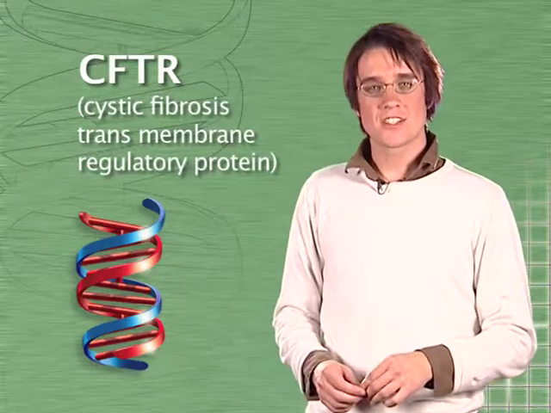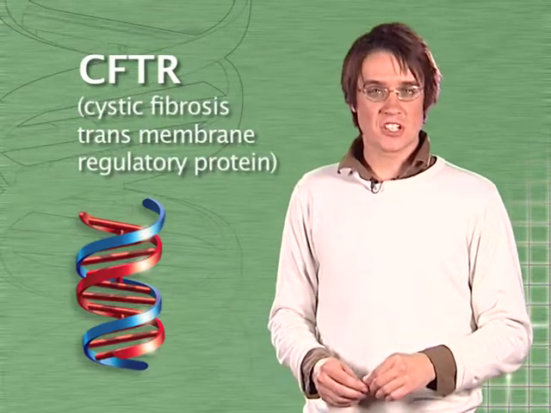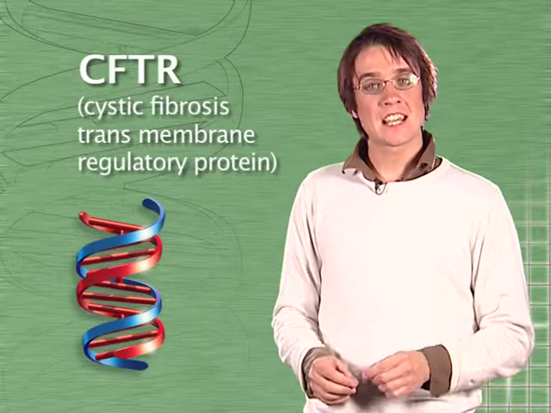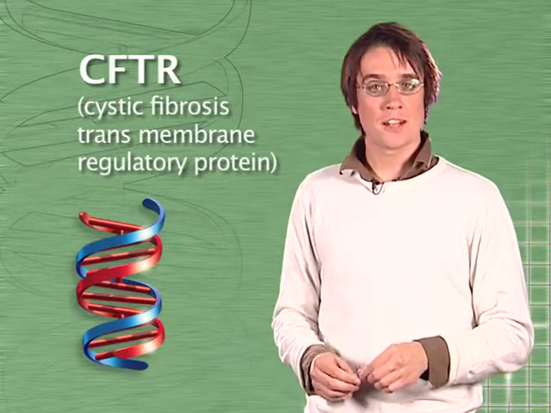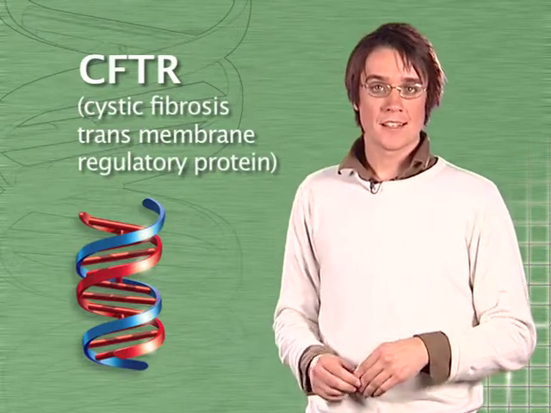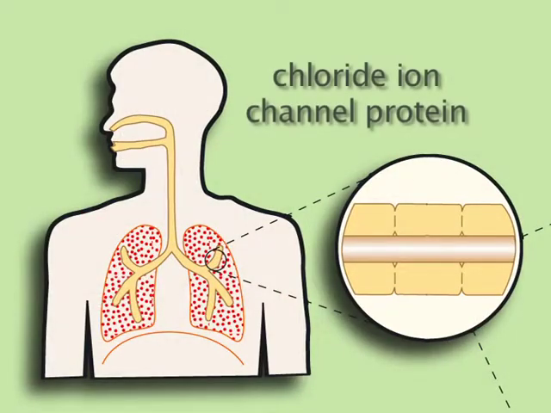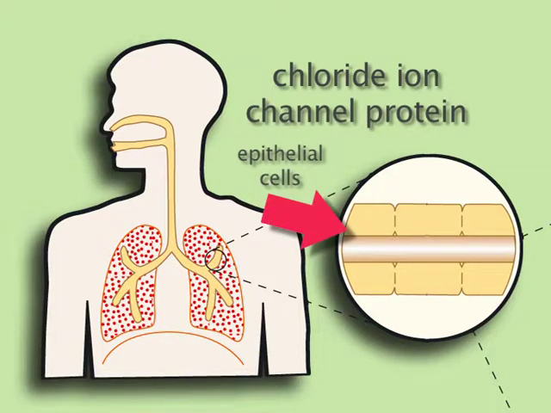The gene in question is the CFTR gene, the gene for the cystic fibrosis transmembrane regulatory protein. This protein is a chloride ion channel protein and should be present in epithelial cells of the respiratory tract, the gut, and other tubules such as sperm ducts and oviducts.